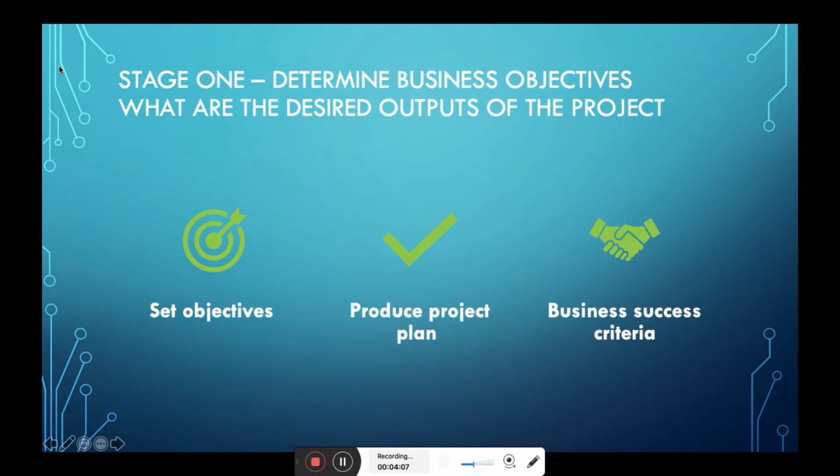Stage 1 is to determine the business objectives and what the desired outputs of the project are. The first stage of the CRISP-DM process is to understand what you want to accomplish from a business perspective. Your organization may have competing objectives and constraints, but they must be properly balanced.